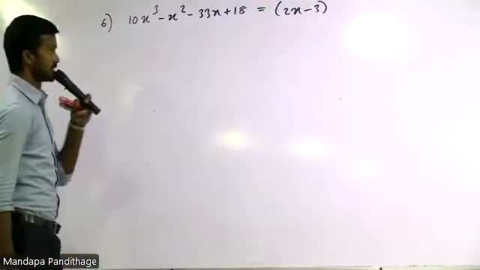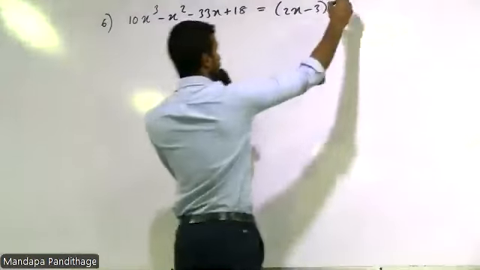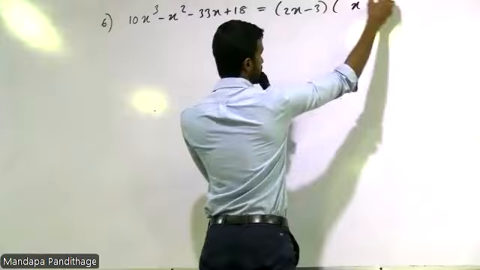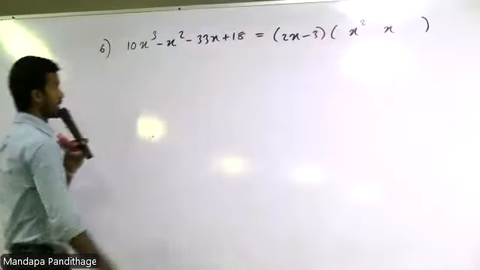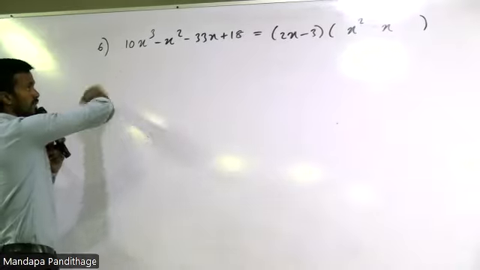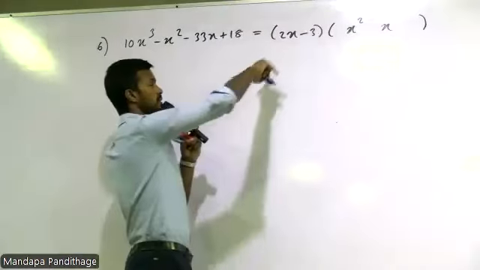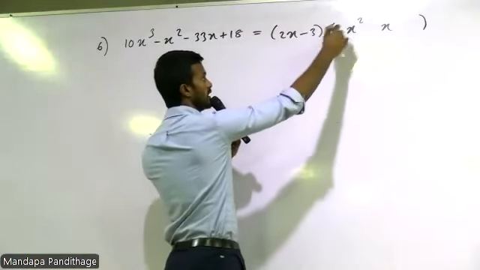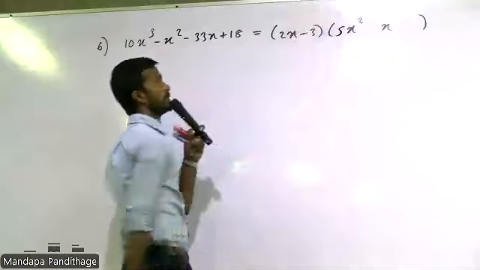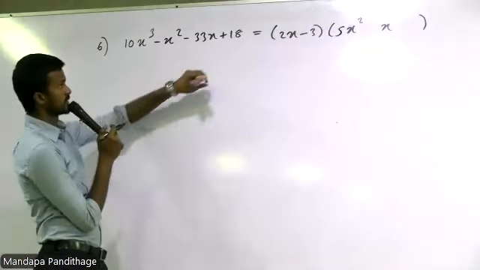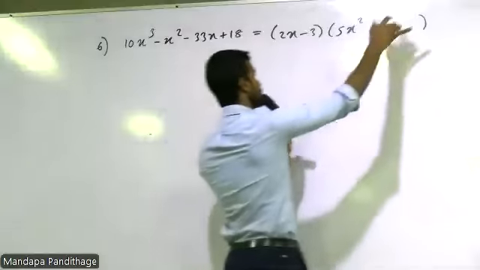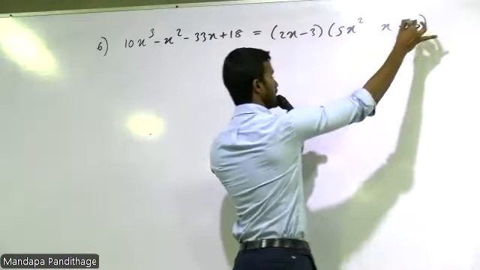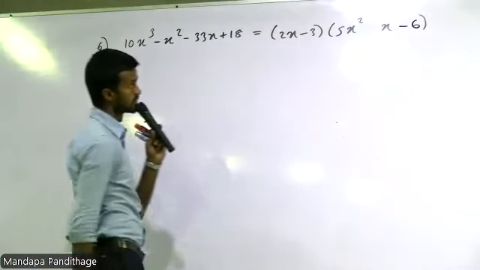Here the degree is 3, so it should be a quadratic factor, which means x squared, x and the constant. If you look at the x cubed, it's 10. Which two numbers give you 10? It's 2 into 5, so this one should be 5. And when you look at the constant, which gives you plus 18, it's minus 3 into minus 6.